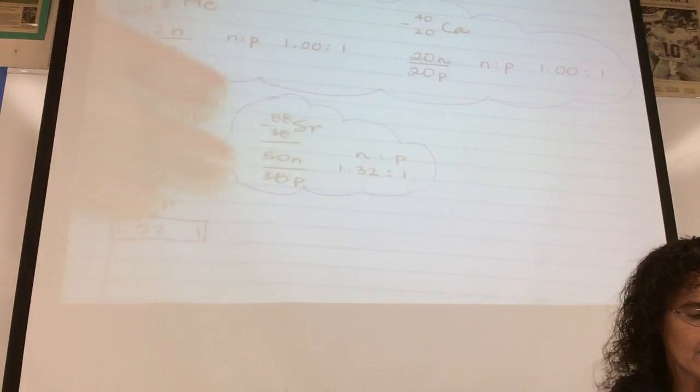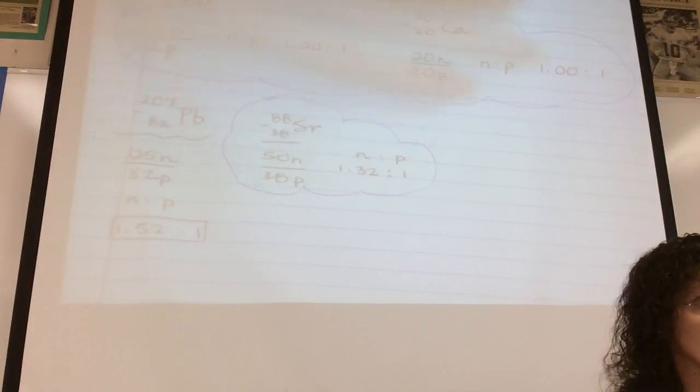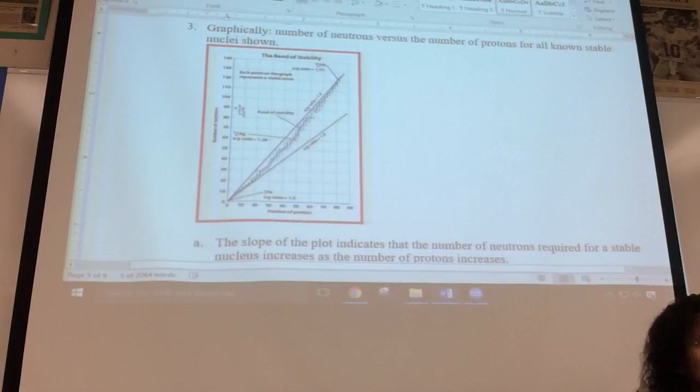You can look at this ratio graphically. If you graph neutrons on the y, as shown here, and you have protons on the x, as illustrated here, what we can see is here's the neutron to proton ratio of 1 to 1.